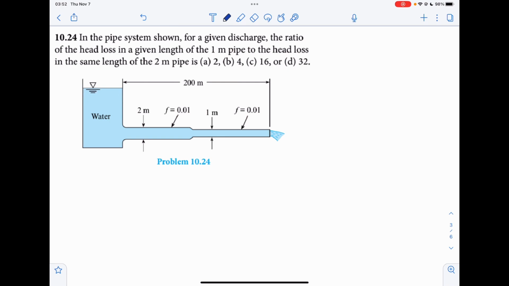We're going to use the Darcy-Weisbach equation for both of the pipes. The head loss of pipe 1 equals f1 times L1 over D1 times V1 squared over 2g.